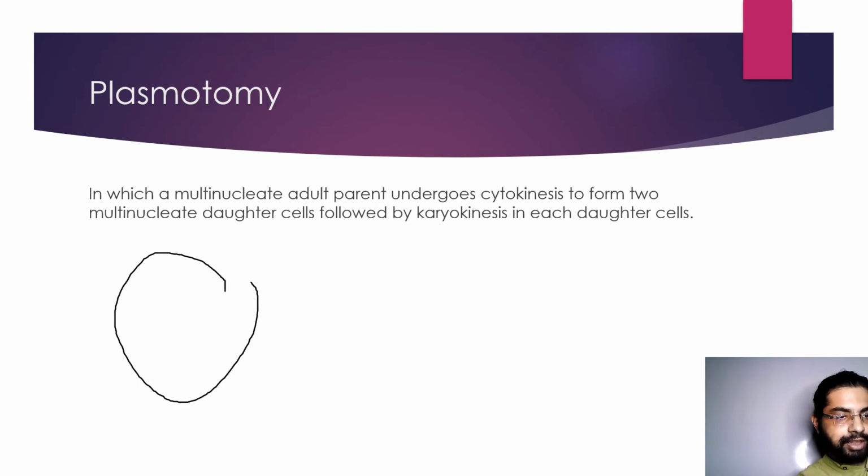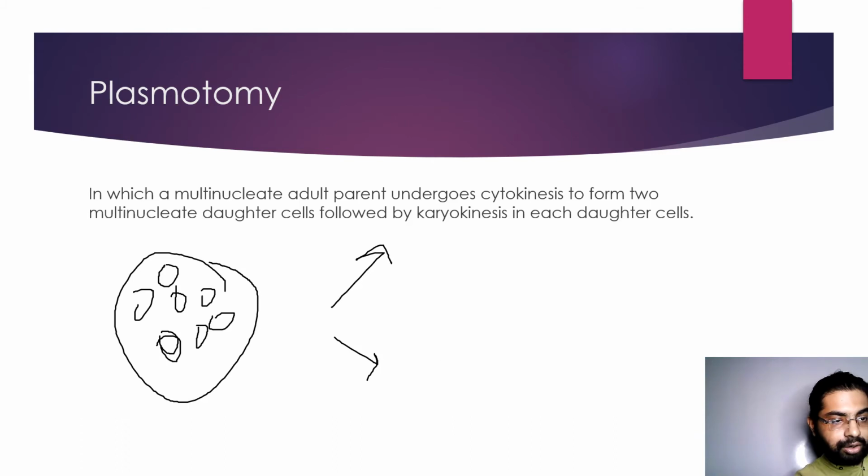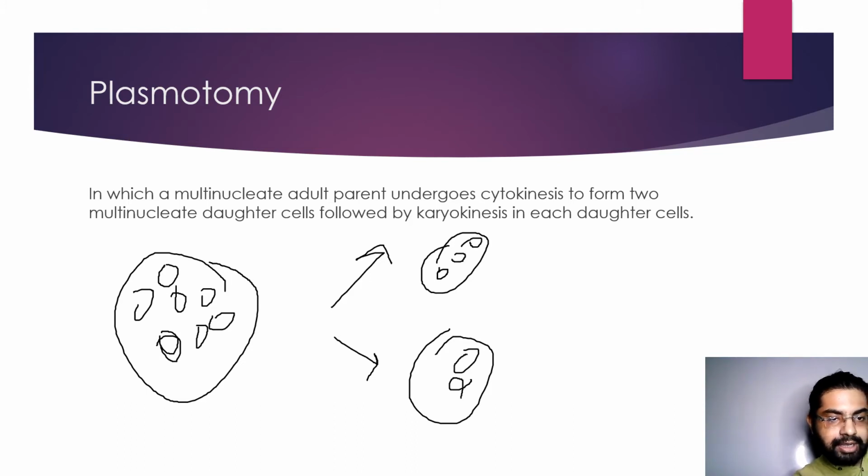If this is the adult parental body with many nuclei, it undergoes cytokinesis to form two multinucleate daughter cells, and after the division happened, karyokinesis takes place in each daughter cell. That is the division of the nucleus.